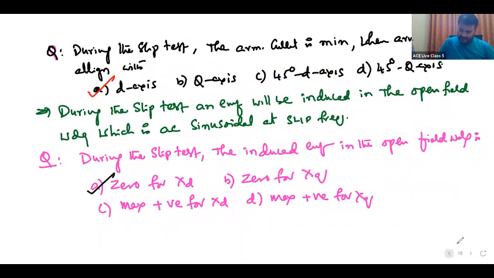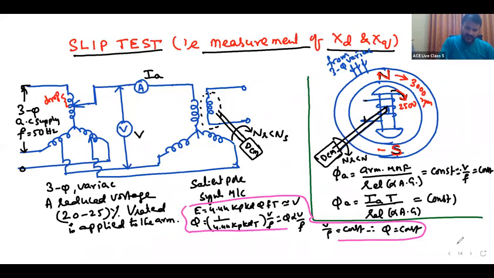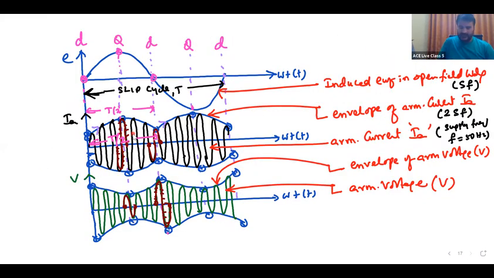Because see this diagram. I am drawing the current from this 50 Hz supply. The output of the variac is also 50 Hz. Voltmeter reading also has frequency 50 only. Current and voltage are the same, supply frequency only. That's the reason you can find many cycles.